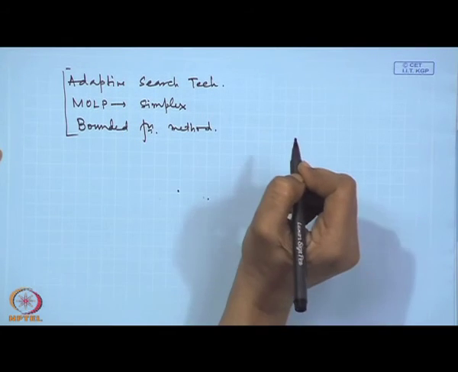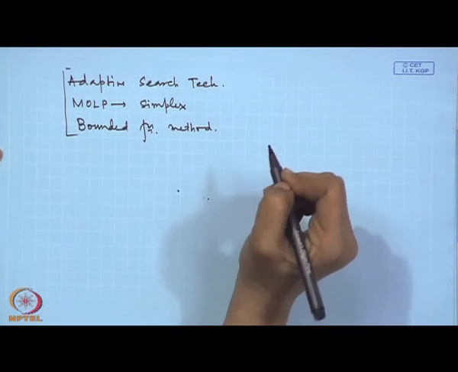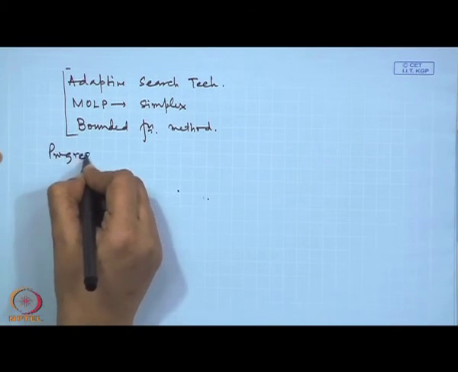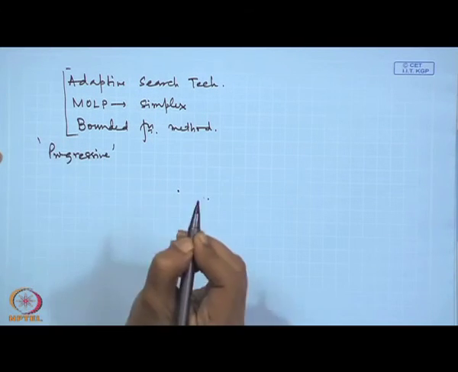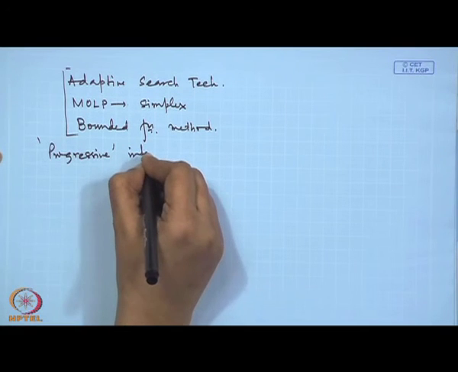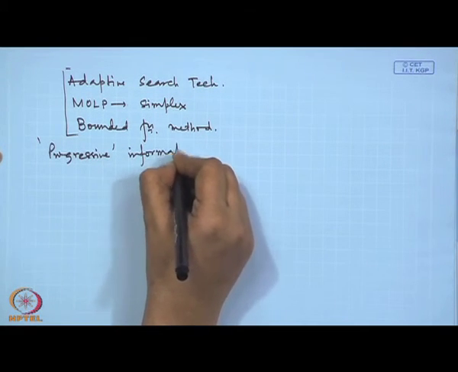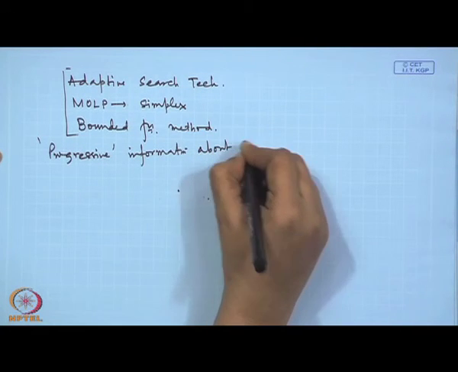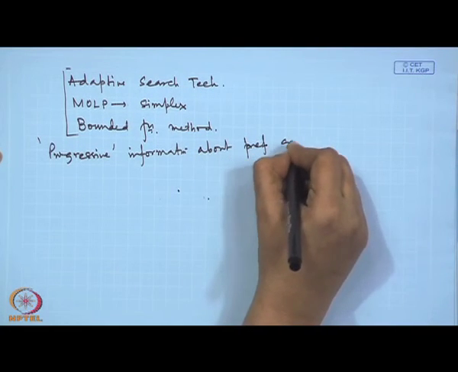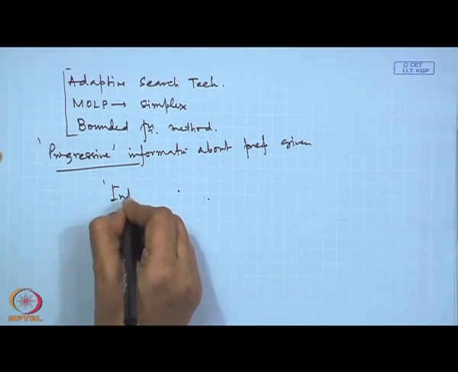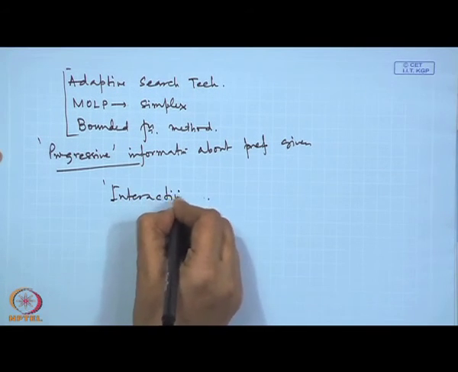All these methods come in the category of 1, 2 and 3, but if we want to implement the progressive technique, where progressive information about the preference structure of the decision maker is given, the most popular method is the interactive method.